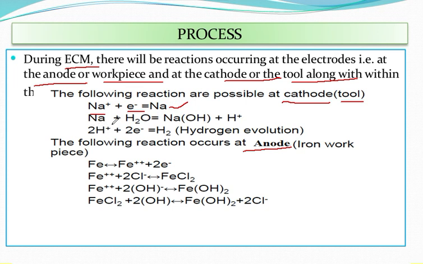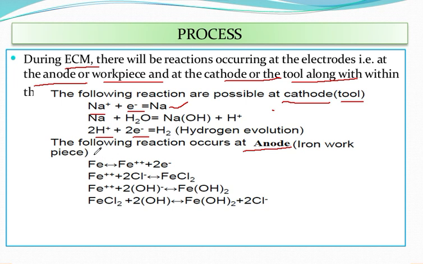Next, Na plus H2O gives NaOH plus H. Now 2H+ plus 2e- helps to get hydrogen evolution.